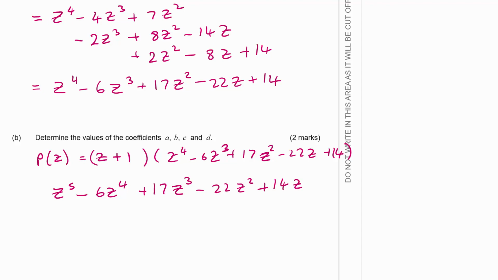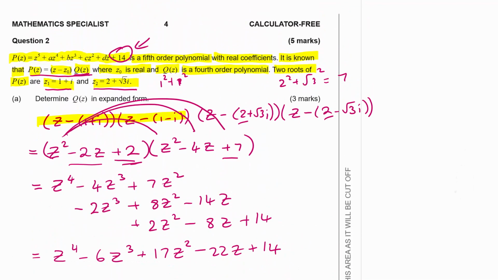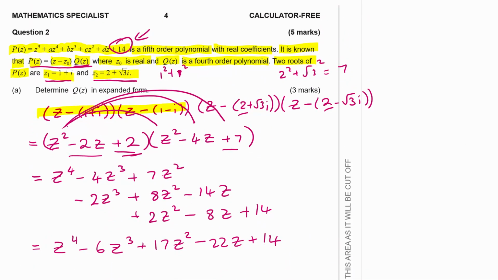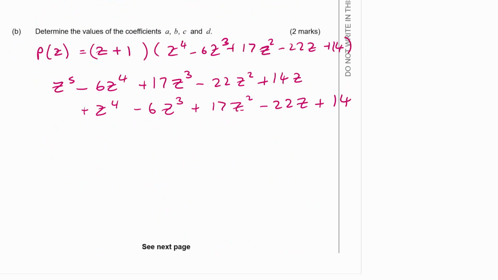And then with the 1, we're going to get plus z to the 4, take away 6z cubed plus 17z squared minus 22z plus 14. And so the a, b, c, and d are the coefficients of z to the 4, z cubed, z squared, and z.